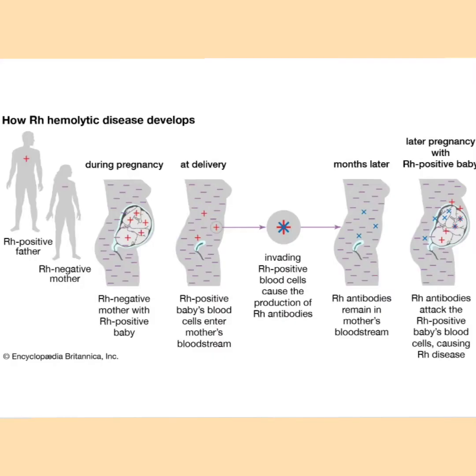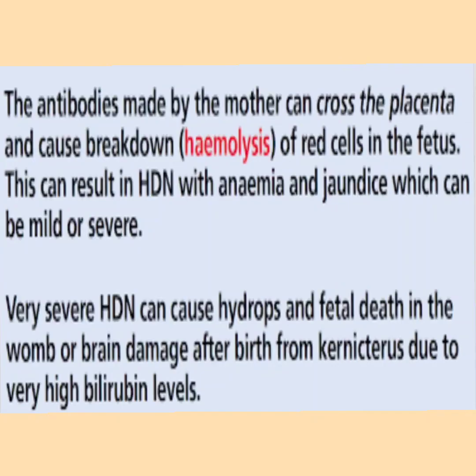You can see in this picture that with the Rh positive father and Rh negative mother, the first pregnancy causes antibodies to be formed in the mother, and these antibodies remain within the mother. In subsequent pregnancies, these antibodies attack the Rh positive fetal RBCs and cause erythroblastosis fetalis.